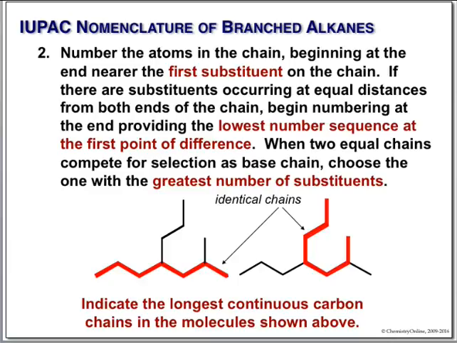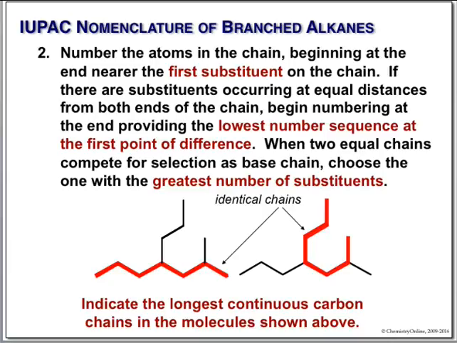Here we've just gone up, and here we've gone down. They're both 7-carbon parents. Now we want to make carbon number 1 down here closest to our first side chain. That's our substituent. And then we're going to build our name based on this.